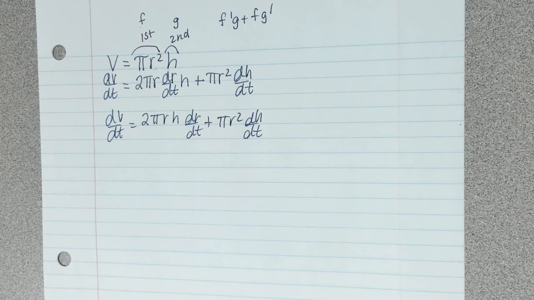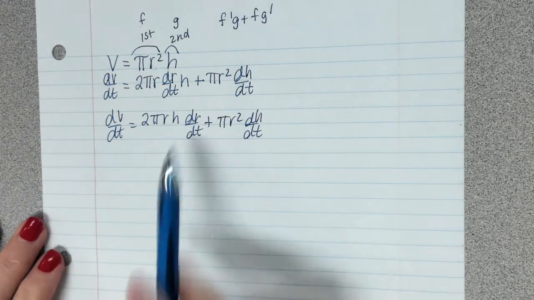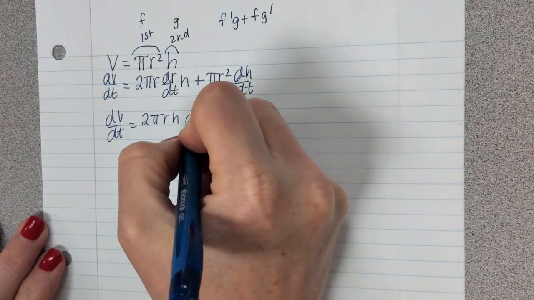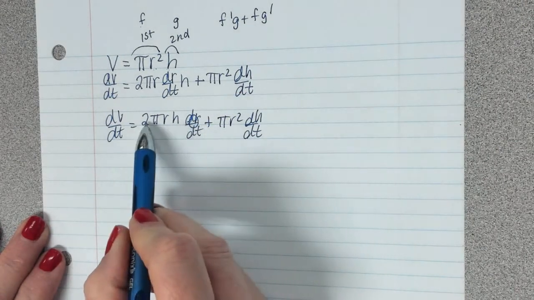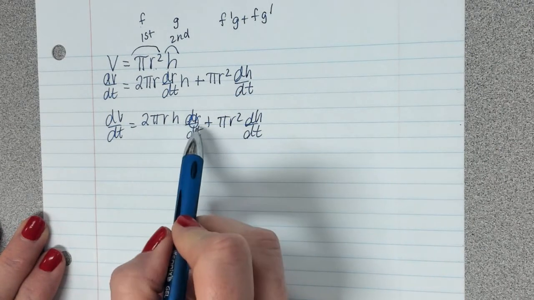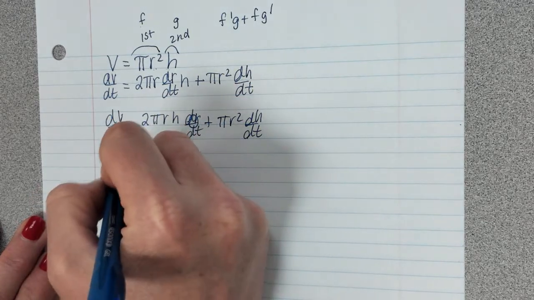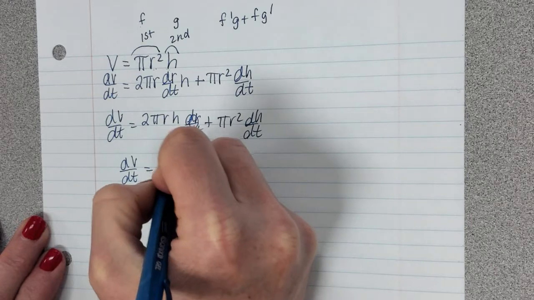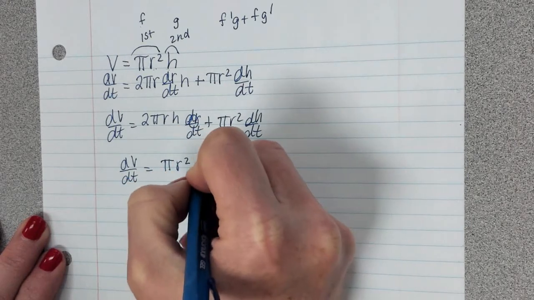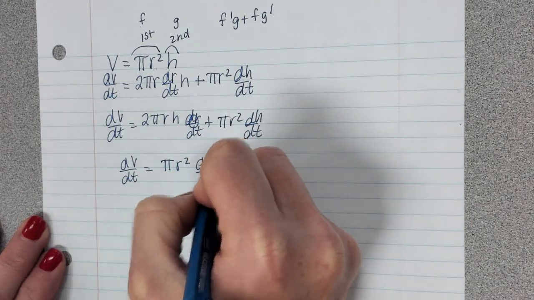Is the volume of the water going to change? Is the radius of the water going to change? No. So therefore, in this formula, dr/dt is always going to be 0. So if this is 0, what's going to happen to this entire term? It's just going to disappear, isn't it? So really, when we go to use the formula for the volume of the cylinder, all we're going to have to use is pi r squared dh/dt.